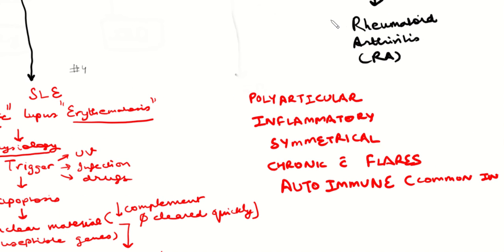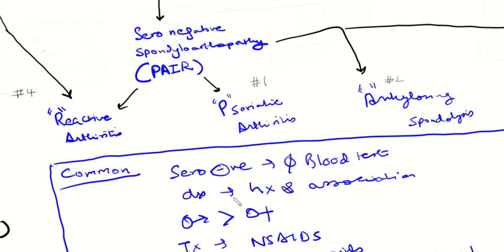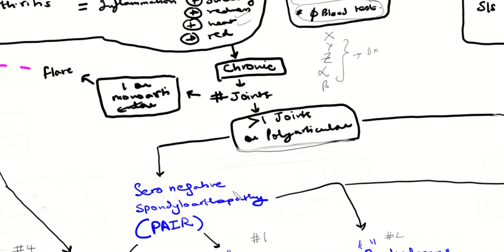Now, what about if they come in and they've had a history of chronic arthritis, inflammation in the joints, however they come in with suddenly one joint that's acutely inflammatory?